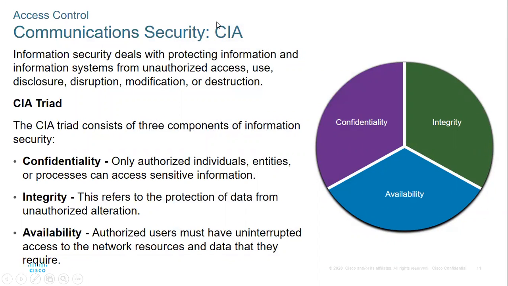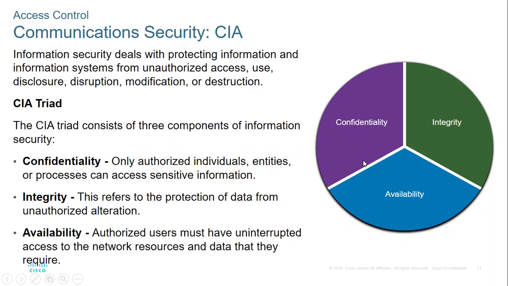You know, CIA triad is related to information security. So information security, of course, deals with protecting information and information systems from unauthorized access, use, disclosure, disruption, modification, or destruction. Okay, this is the definition of information security.